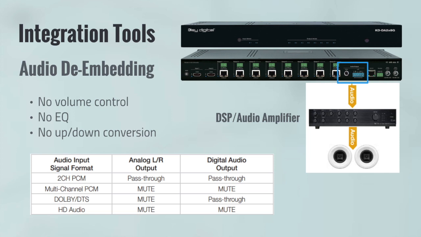But fear not, if you have a multi-channel audio format coming through, the analog audio will mute that signal on its output so as to prevent any unwanted noise or distortion going through your audio system.